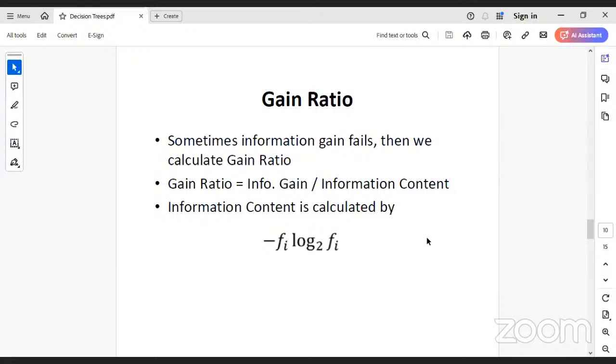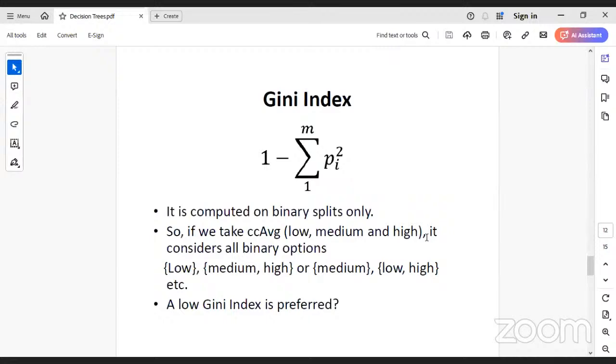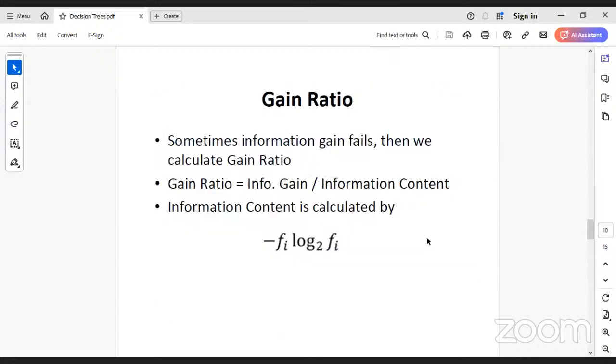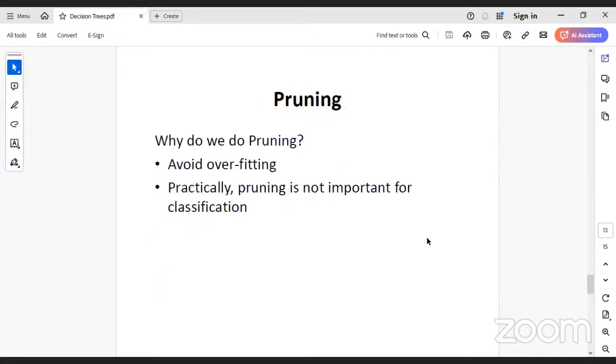This is how the attributes are evaluated and a root node is calculated. The closest rival to this gain ratio is the Gini index. The Gini index is the other option if we don't have the gain ratio, but they work on the same process. Now we will learn about pruning.